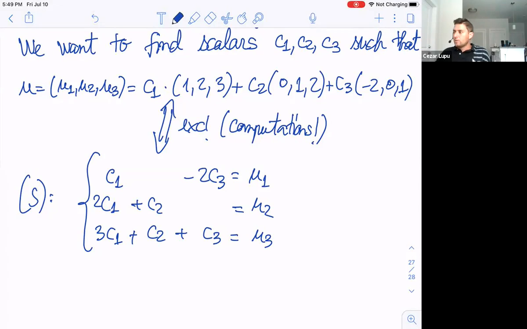Okay. So what to do from here? We need to solve this system, right? So how would you approach this system? You see those U1, U2, U3 there.